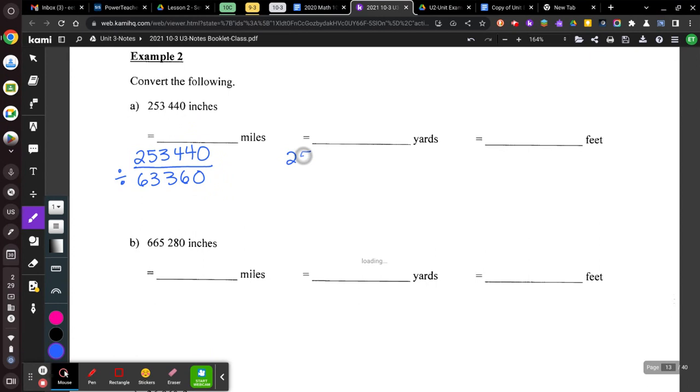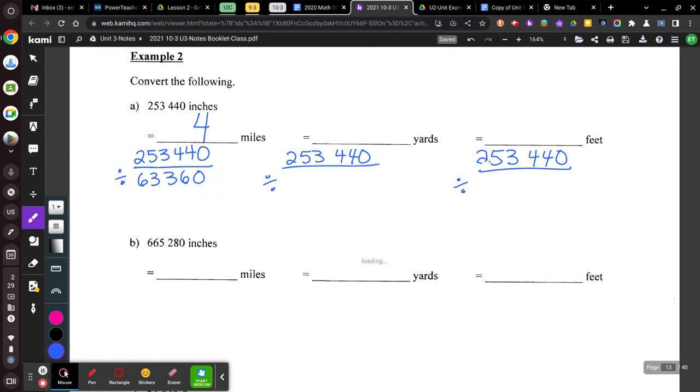Again, we start with our original number for this one, 440, 253440. And again, we're going to be dividing because we're moving up the chart. So when we divide, we're going to get exactly 4 miles. So that many inches gives us 4 miles.